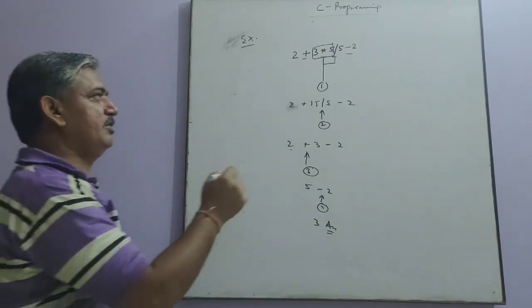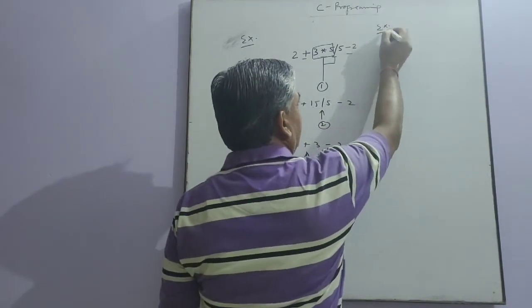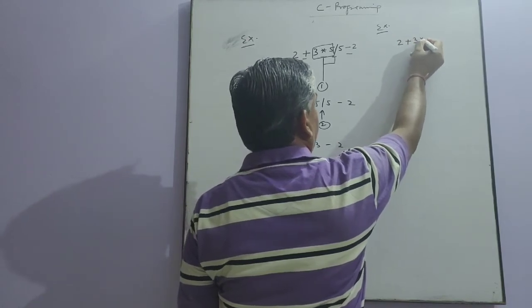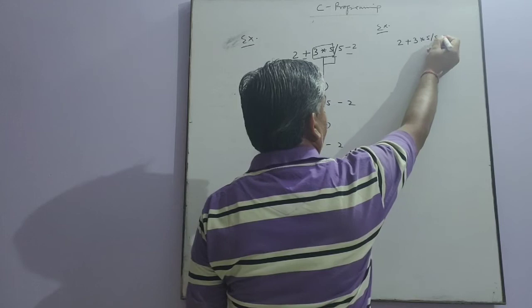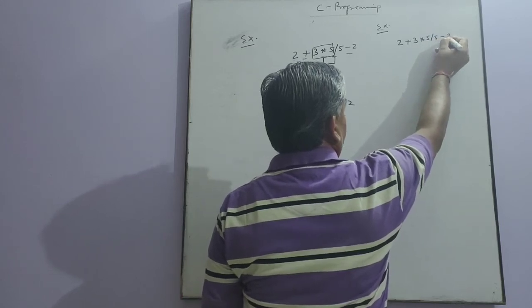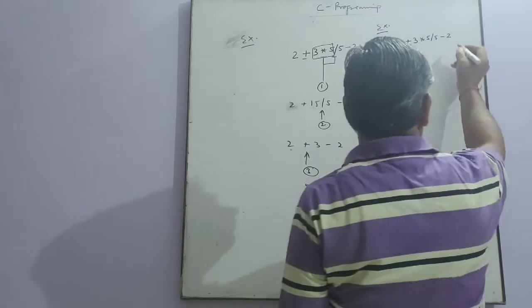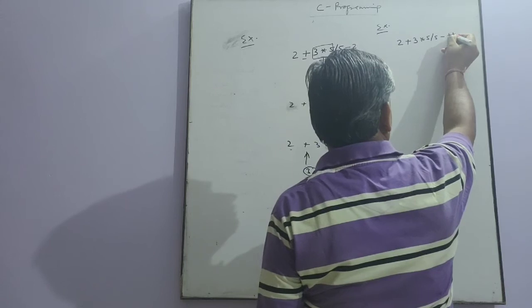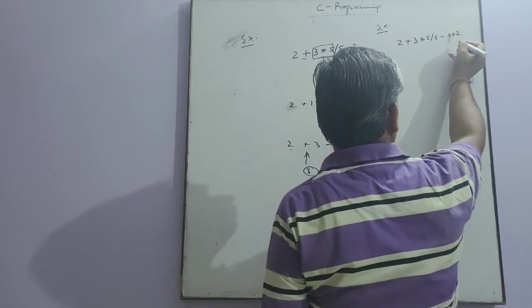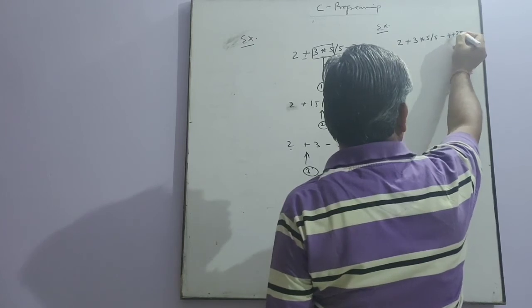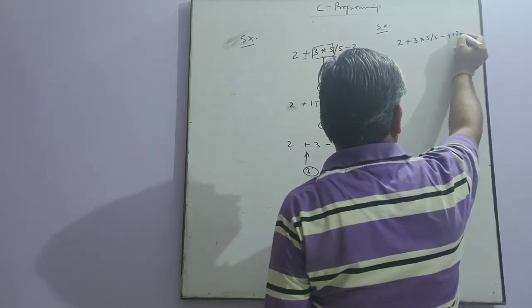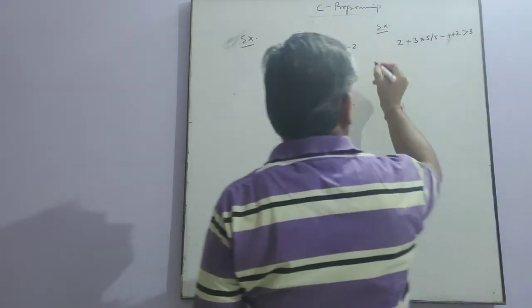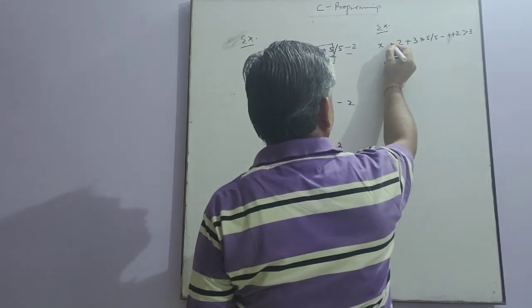Okay. Now consider another example. Suppose I write 2 + 3 * 5 / 5 - --2 + 2 > 3, and suppose I write x equal to this one.